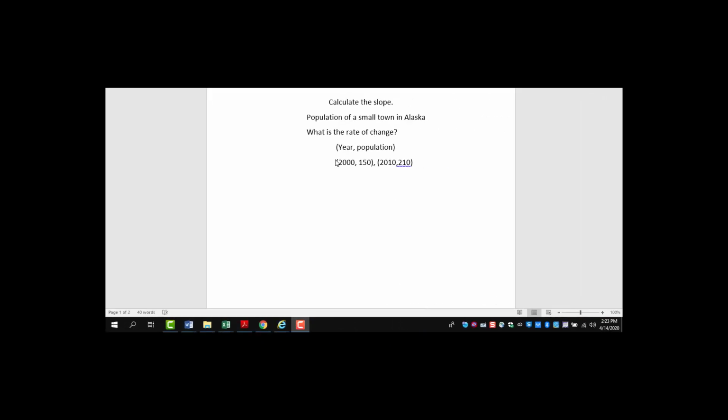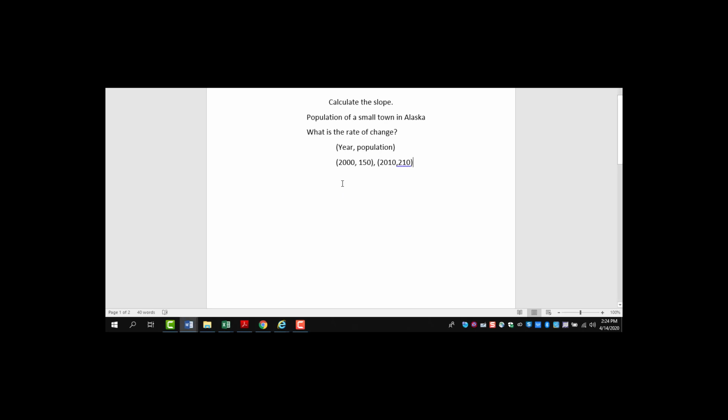So I'm going to do one calculation of a slope in some kind of context. Population of a small town in Alaska. What is the rate of change? The data points I gave you are the year and the population. So that's the input, that's the output. That's X, that's Y. So it's Y2 minus Y1.